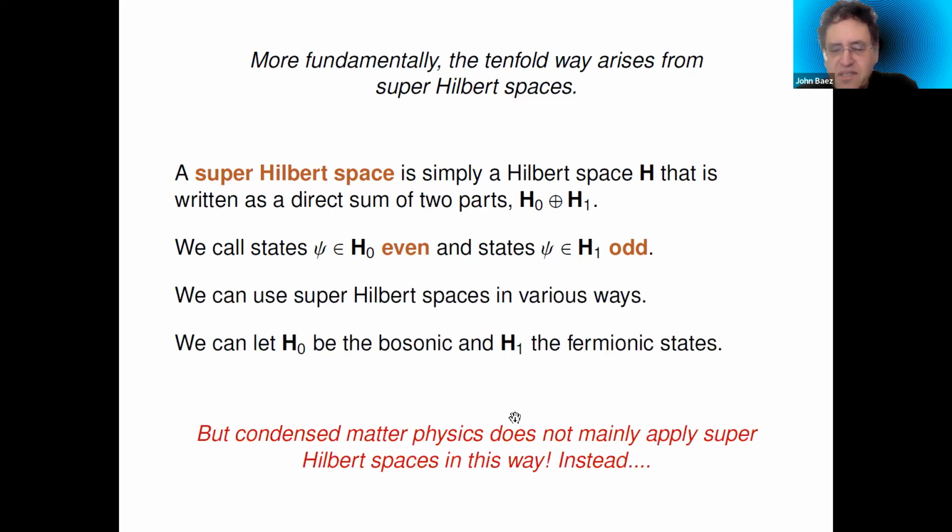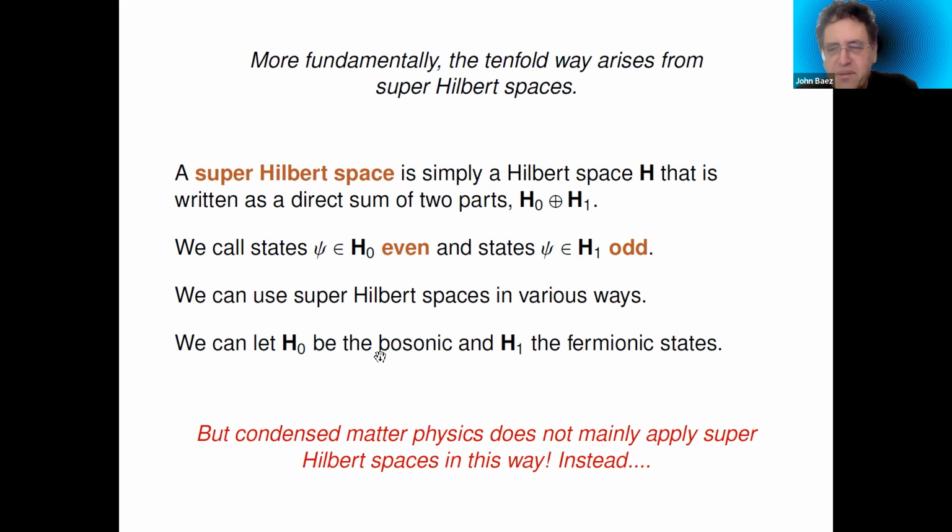Now for the physicists, I have to either reassure or warn them that there are different physical ways to make use of super Hilbert spaces. If you're a physicist, you might instantly think that the even part means states of bosons and the odd part means states of fermions. And that's certainly an allowable way to use super Hilbert spaces.